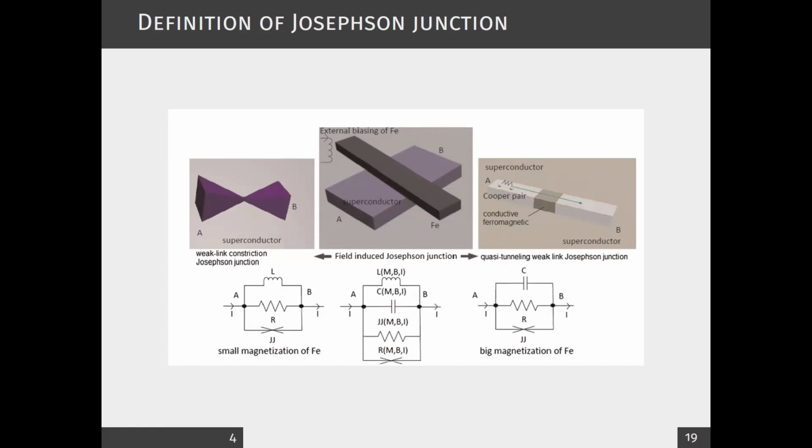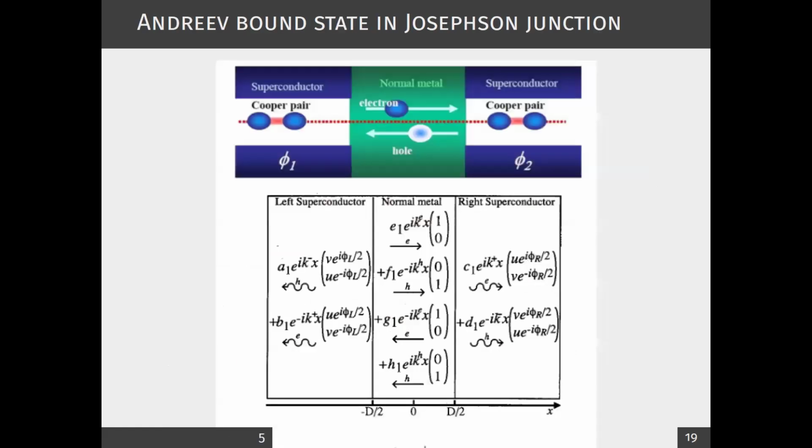Here is the case of a superconductor with a ferromagnetic strip on top. Here we can postulate the existence of these four circuit elements, which are all dependent on the level of magnetization of this ferromagnetic bar on top. And there are certain regimes. So that's how it is. All right, let me move on.